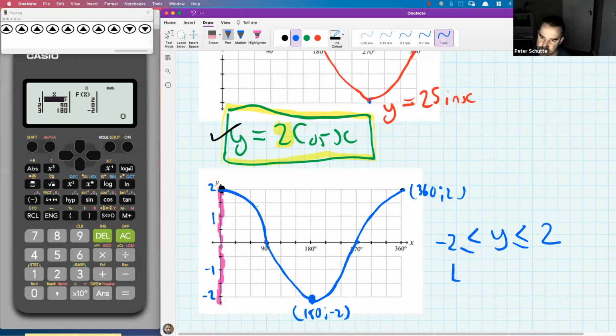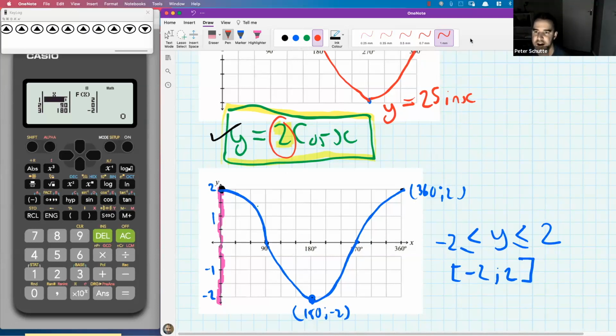Or if we used interval notation, we would do it like that. And what we notice is the range is a lot bigger because the graph has been stretched upwards. This 2 stretches everything up by 2. And so the range is a much bigger space.